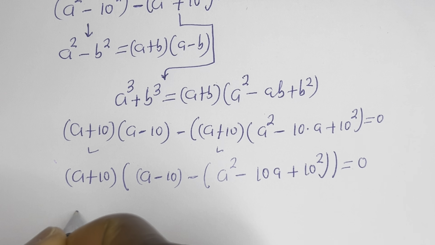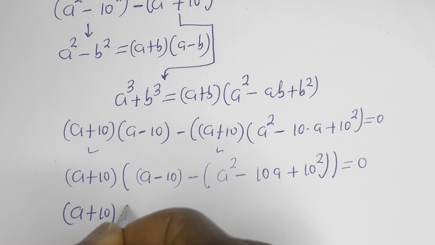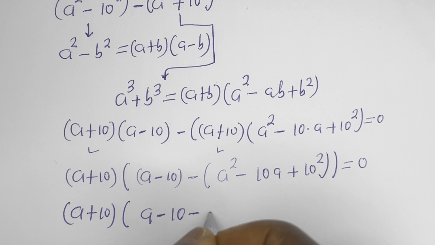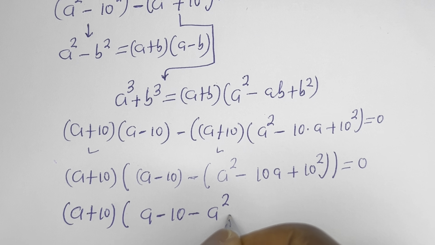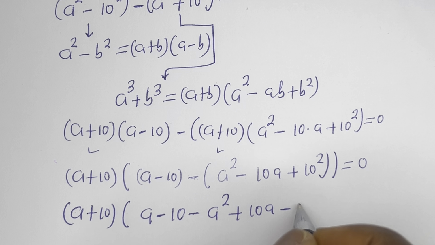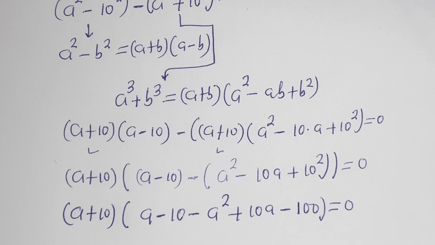Then here we have a plus 10 bracket. Here is a minus 10 minus a squared, minus times minus, this is plus 10a, minus times plus, this is minus 10 squared, that is 100, is equal to 0.